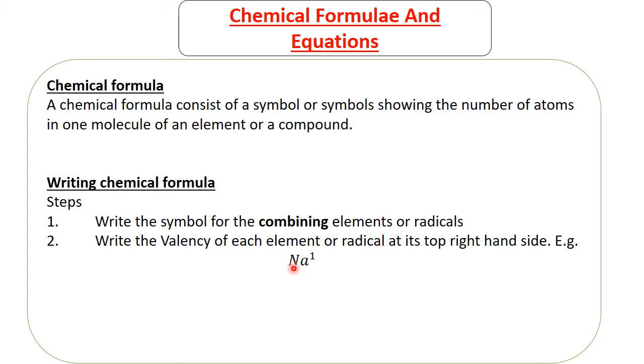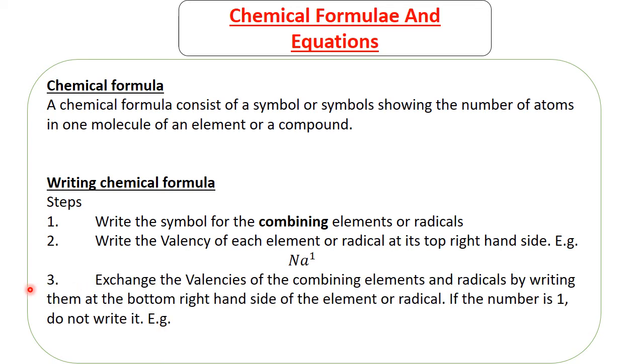Sodium should have capital N and small a. So all elements that are written with 2 letters, the first letter should be capital, the second letter should be a small letter. If they are both capitals, then it means it's a radical, or it's a compound or something. It means there are 2 elements involved there. Anyway, that was just a side hint.